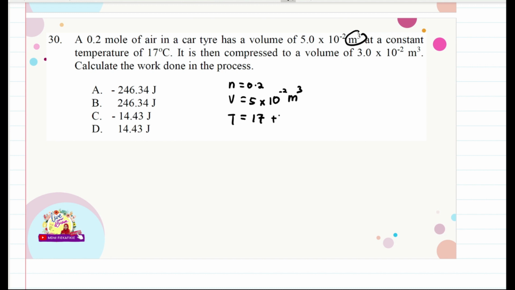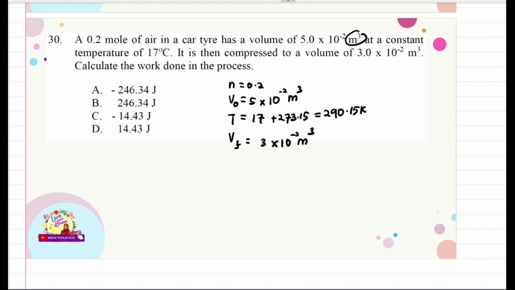Okay, you boleh tukar terus kepada Kelvin. So it is equal to 290.15 Kelvin. Okay, it is then compressed to a volume. Okay, means that this is initial volume. So final volume dia compress sehingga 3 times 10 power of negative 2 meter cube.